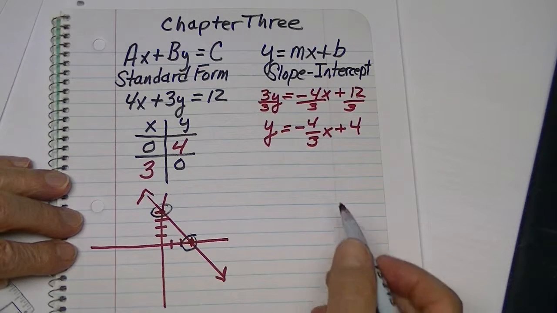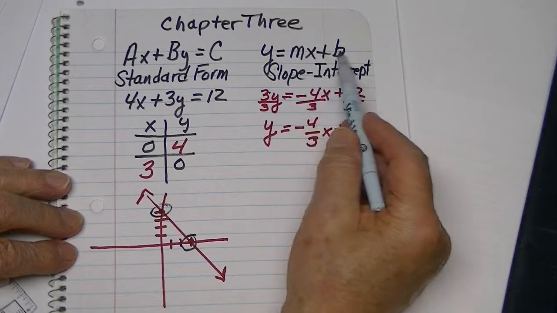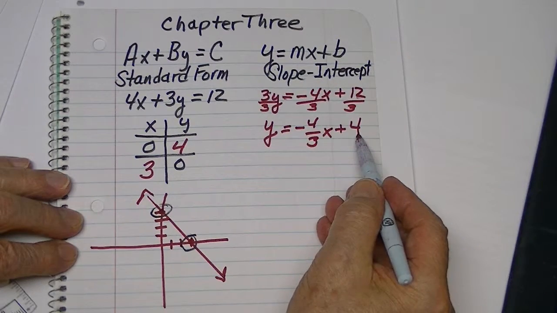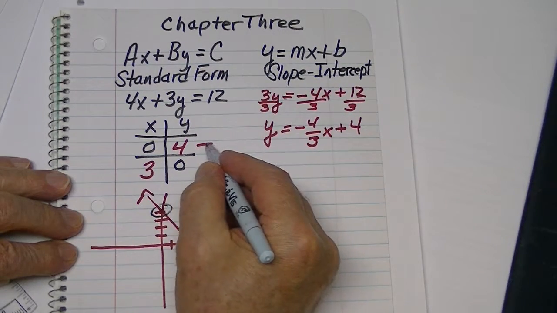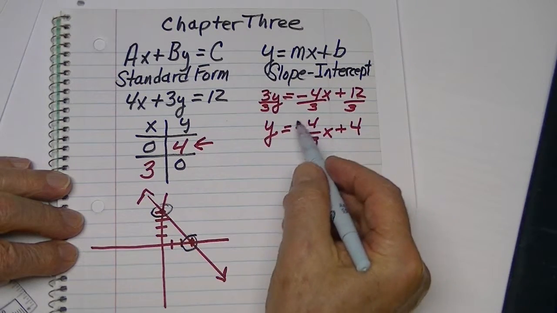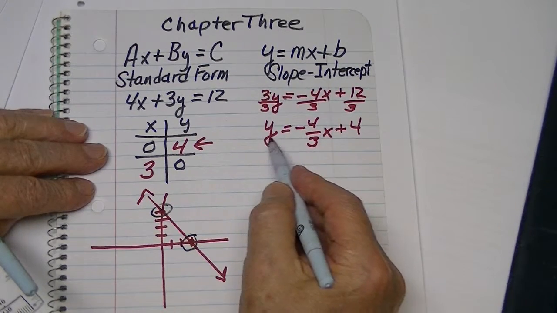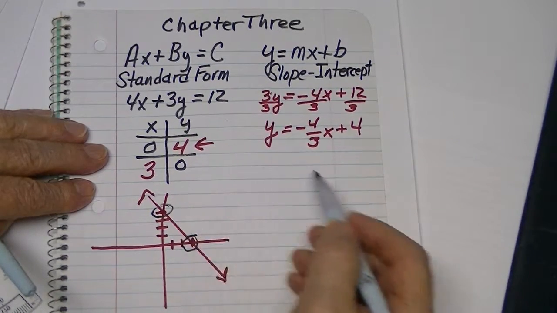Now you may recall we said earlier that b, this b in this formula, is actually your y-intercept, which is right here. So if x is 0, y equals 4.